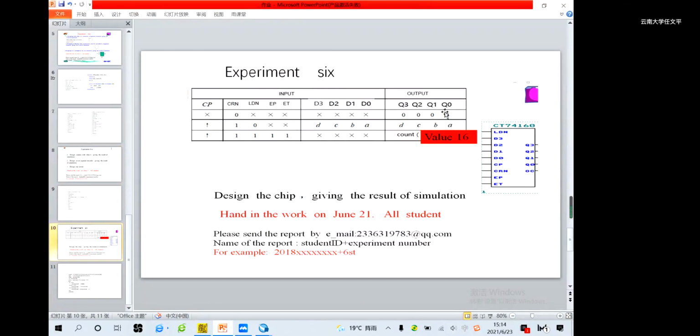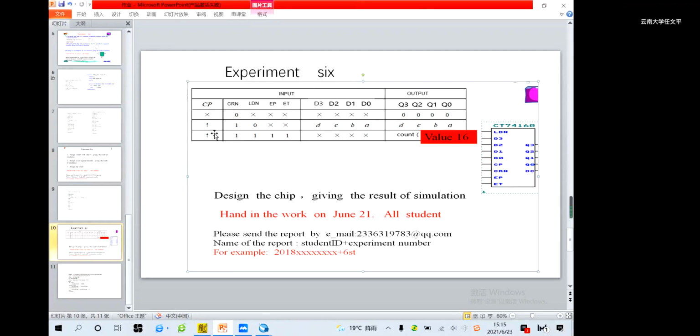Design the chip, this chip is CT74160. This is the function table of the 74160. The first line describes the synchronous clean: when it is low level, the output signals are 0 0 0 0.